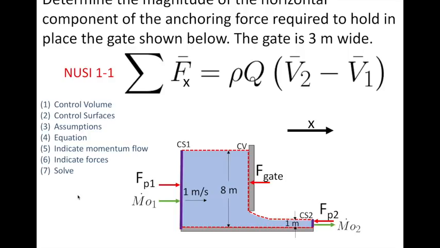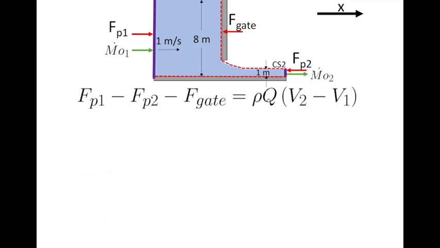Okay, we're up to step 7. Let's try to solve this. First thing, let's rearrange our equation a little bit. We're trying to solve for the force acting on the gate. Really, I should have left little vector hats, little over bars, on each of these, but because I'm only solving everything in the x direction, what's important is that I'm keeping track of the signs.